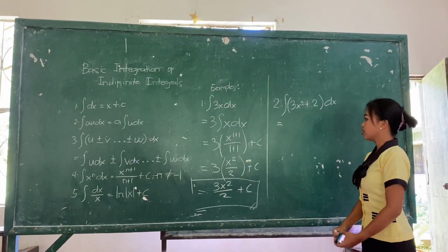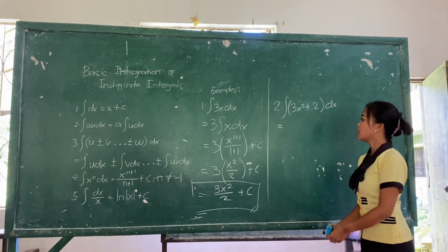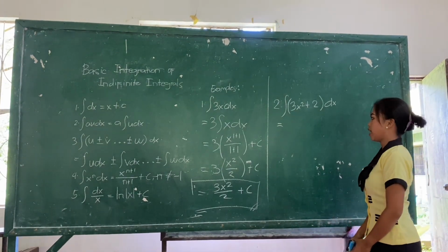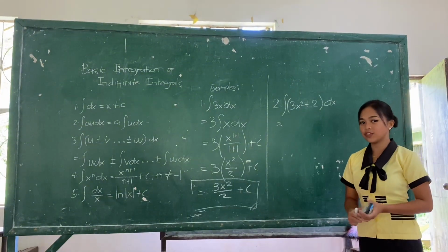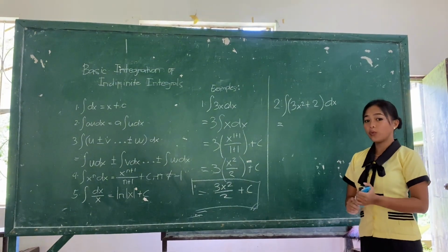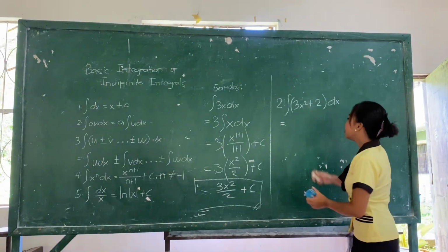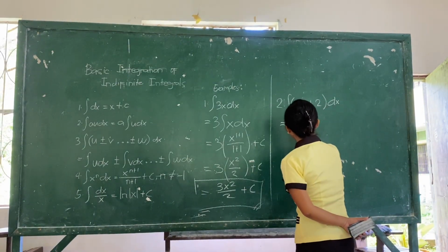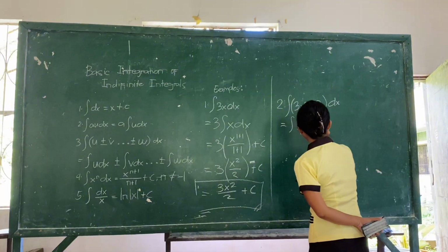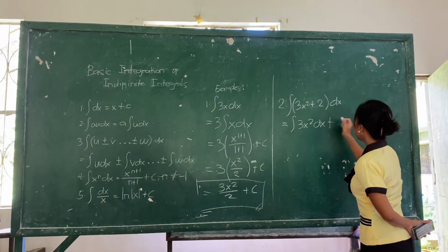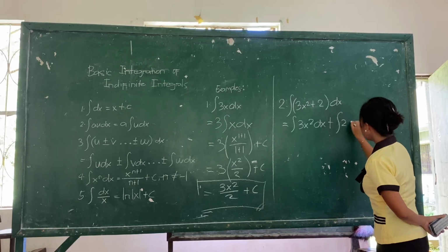Now let's move on to the second example. The second example is integral of 3x squared plus 2 dx. First thing first, we have to distribute the integral together with the dx. So first, integral of 3x squared dx plus integral of 2 dx.